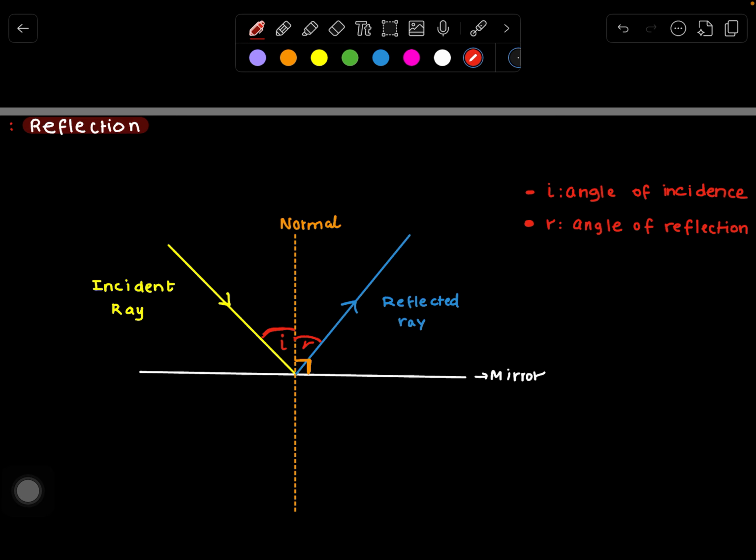Okay, now the law of reflection says that this angle of incidence is equal to the angle of reflection.